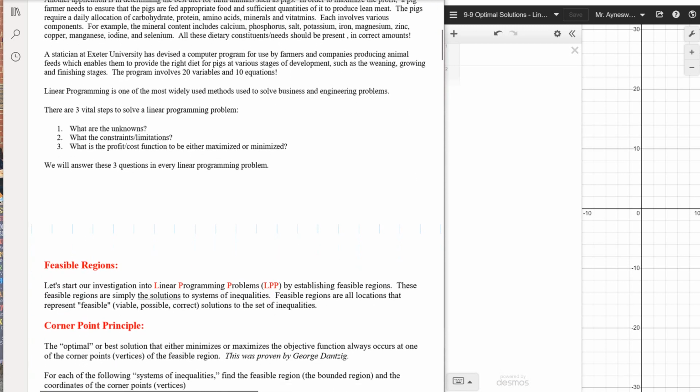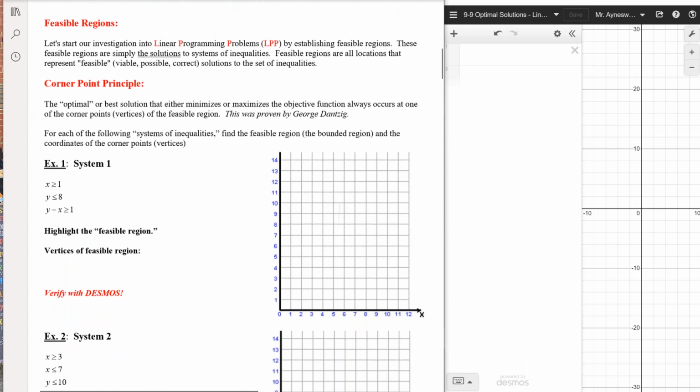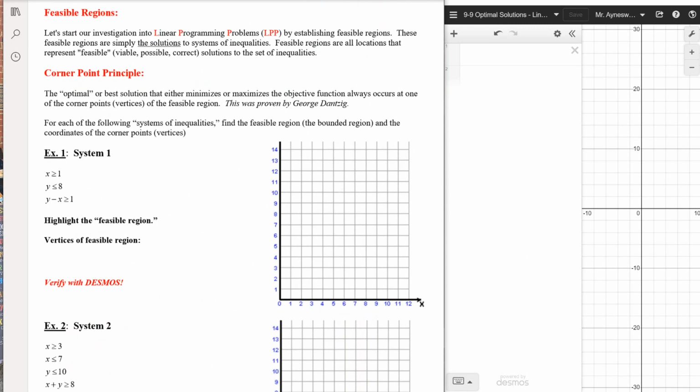Let's take a look at it here. In the very first part, when you learn what a linear programming problem is, you graph what's called a feasible region. Feasible regions are simply the solutions of a system of inequalities, which, as I said earlier, you did back in Algebra 1, but it's probably been a long time.